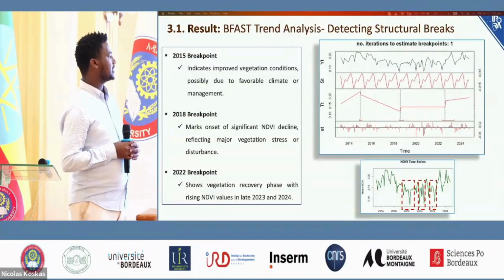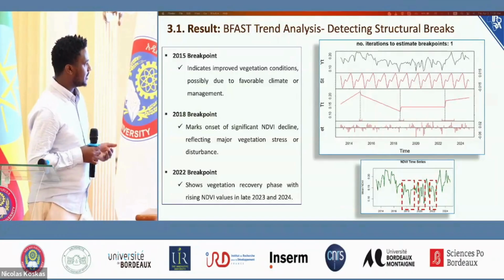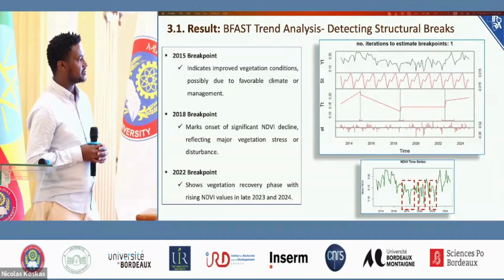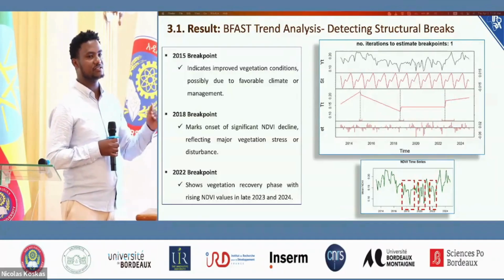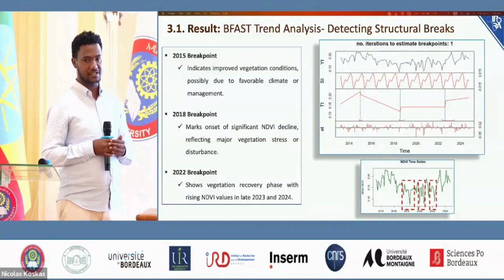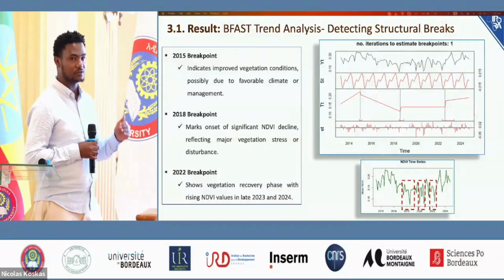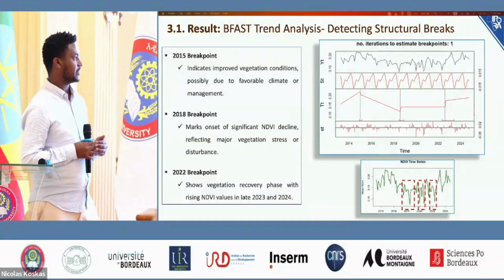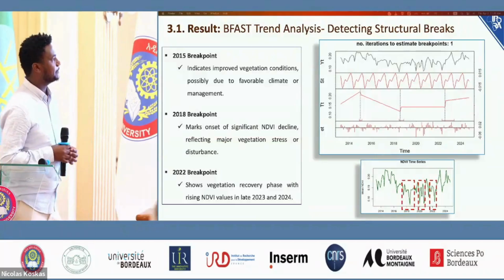However, in 2018, 2020, and 2022, as you can see in the lower image of the NDVI time series, this NDVI analysis shows abrupt changes, or some vegetation stress, which causes degradation of the rangeland or fodder in the study areas.